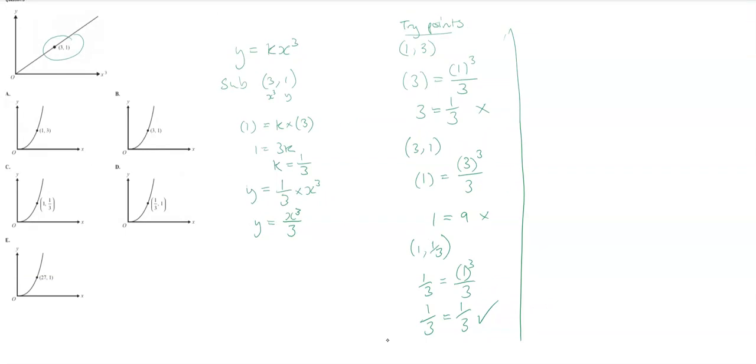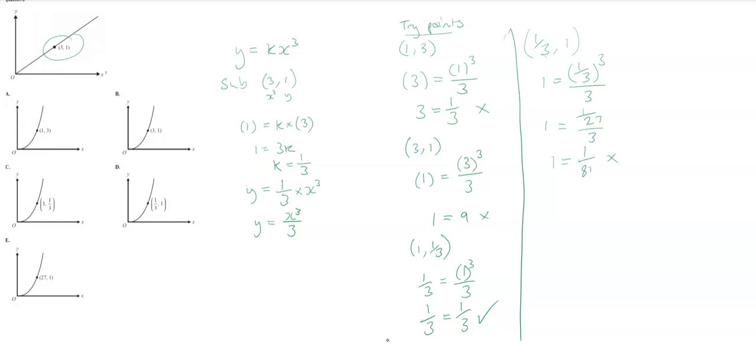I'm going to try the other two just to show that they don't work. The next one was 1/3, 1. So that would be 1 equals 1 over 3 cubed over 3, so 1 equals 1 over 27 divided by 3, which actually equals 1 over 81.